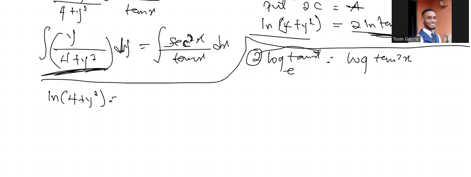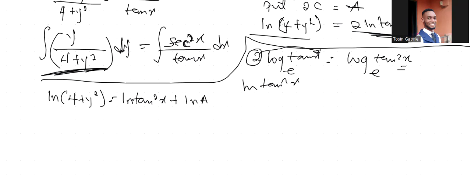So instead of writing 2 ln tan x, we can say ln tan square x. Then for the constant, we can simply put it as ln a, so that everything will be balanced.